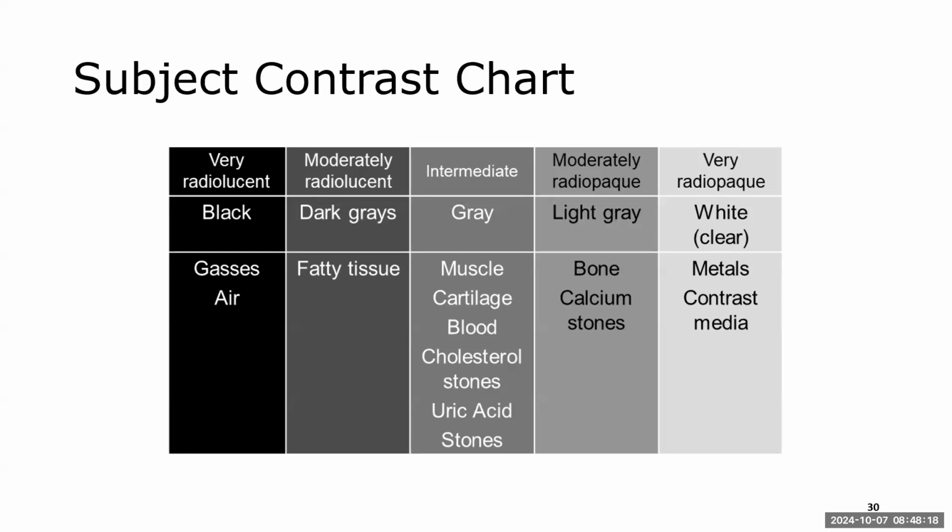And then the opposite of that, the very radiopaque areas are going to be your whitest of white, created from metals being in the image, like prosthetics, things like stretcher rails. If you leave a stretcher rail up or a wheelchair rail up, and contrast media.